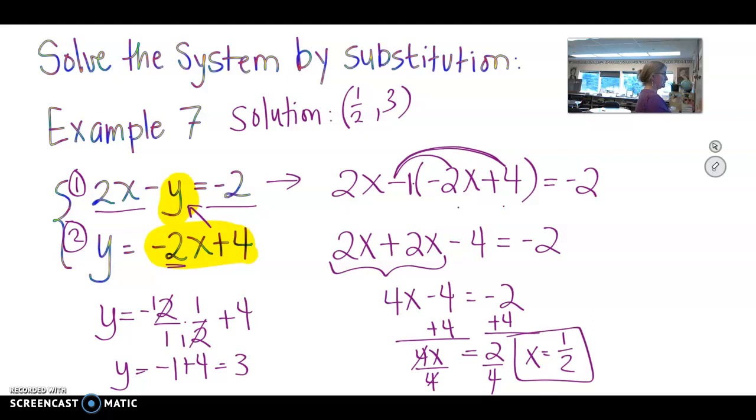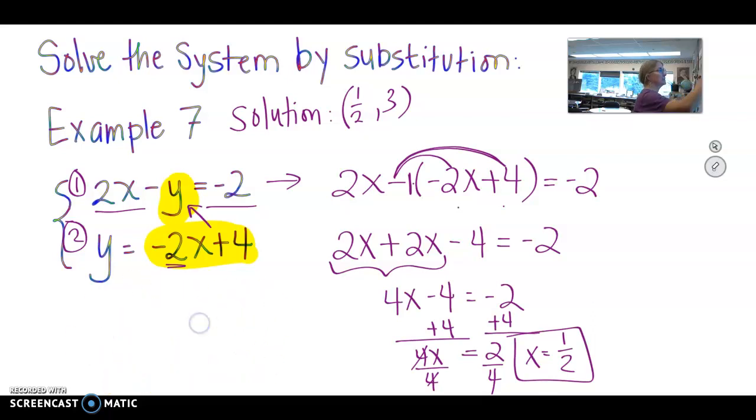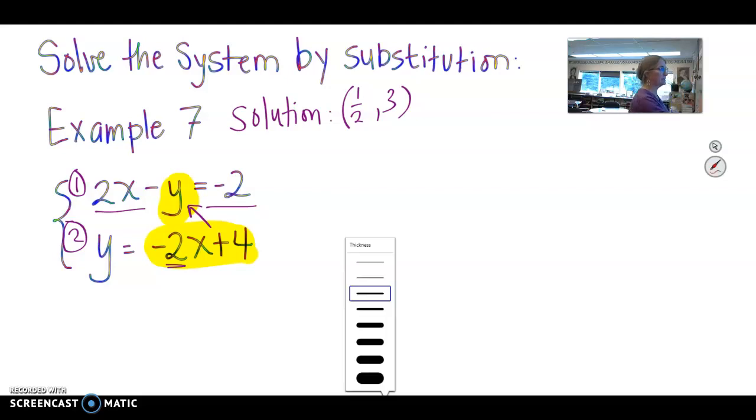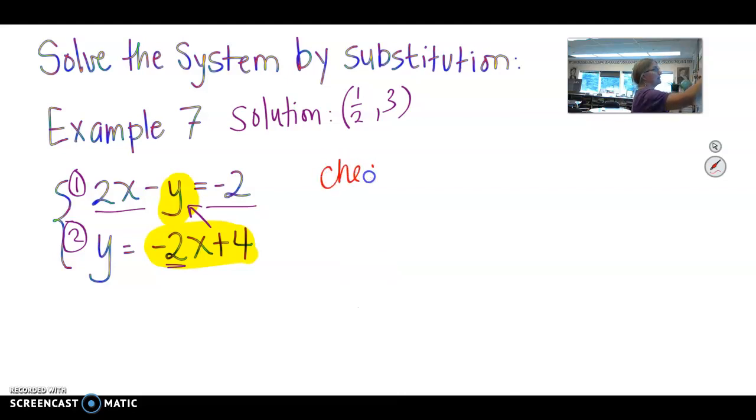So I'm going to check this answer by plugging in 1/2 and 3 into equation 1 and equation 2, to make sure I did it correctly. This is a really good idea to do, especially if you're taking a test, before you submit your answer. So if I check (1/2, 3), I'm going to plug it in for x and y.